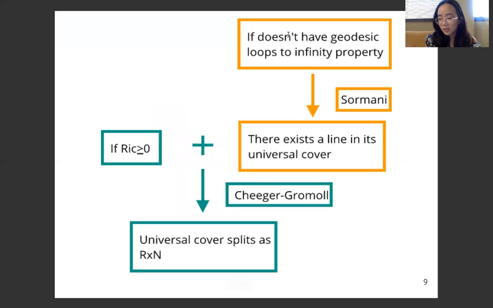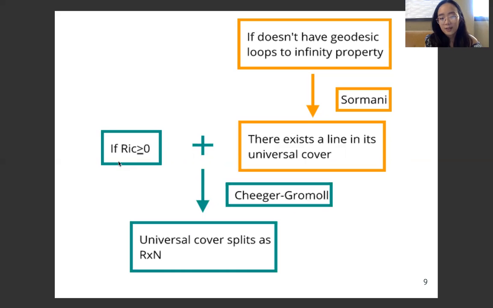Okay, so now we want to talk about the Ricci non-negative case. I wanted to talk about the loops to infinity property and how that affects the universal cover, because that is an argument that comes up a lot in the Shen-Sormani proof. So suppose M doesn't have the geodesic loops to infinity property, then by Sormani's line theorem, there exists a line in its universal cover.